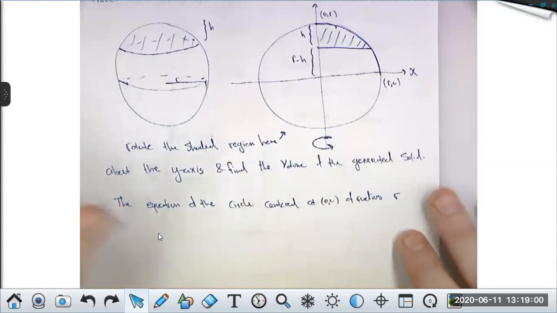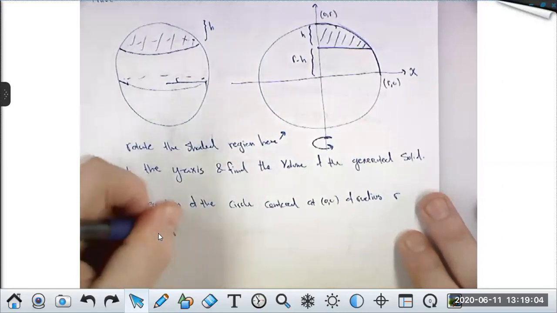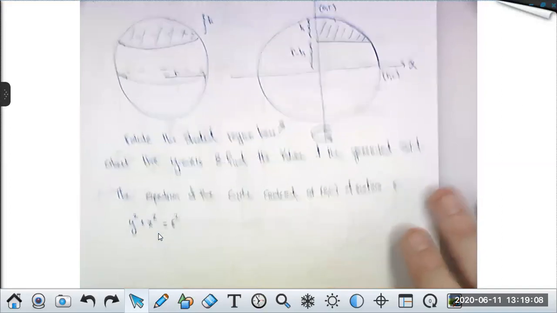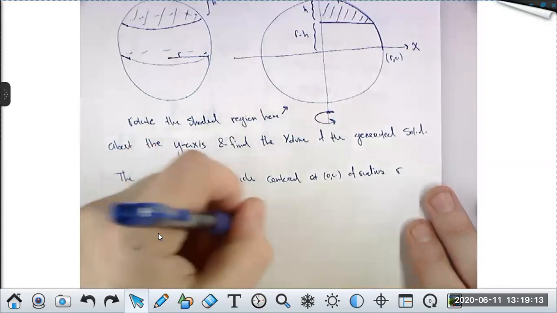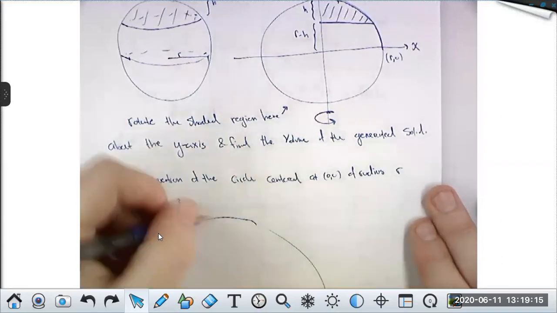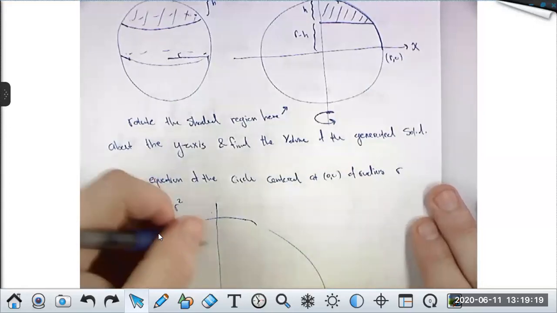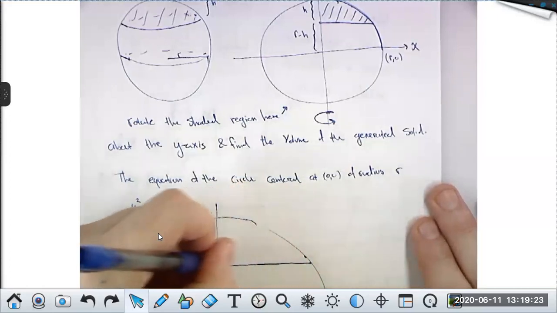So I start with the equation of the circle, which is y squared plus x squared equals r squared. I'll redraw this nice and big here so we can label our distances. This is the region I'm going to rotate to get my cap.